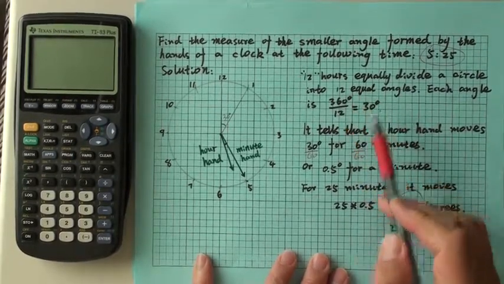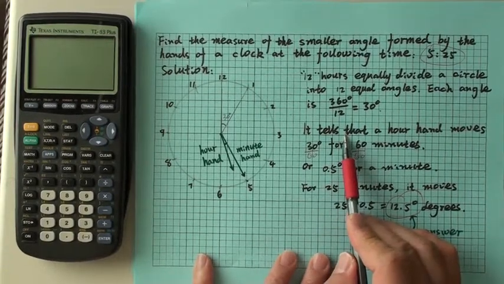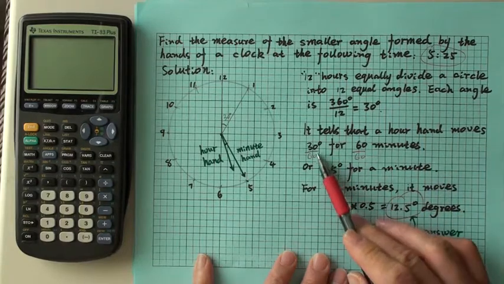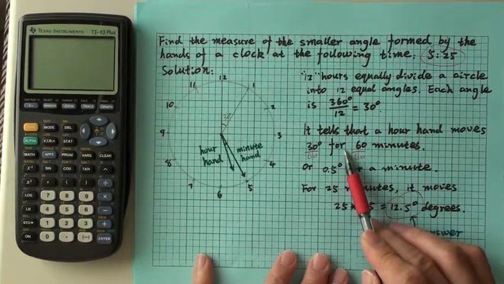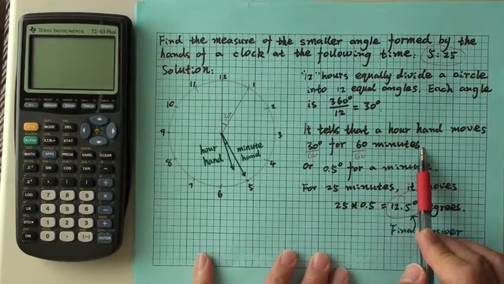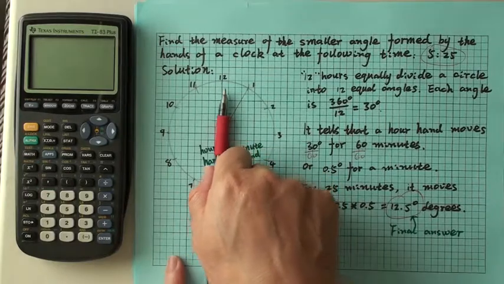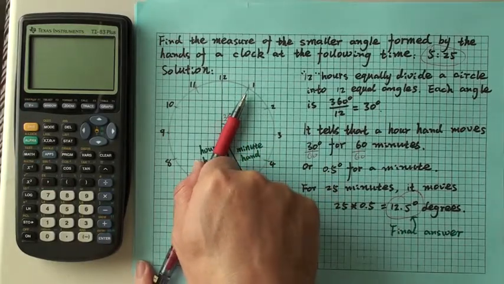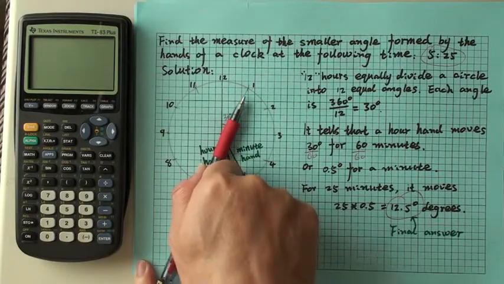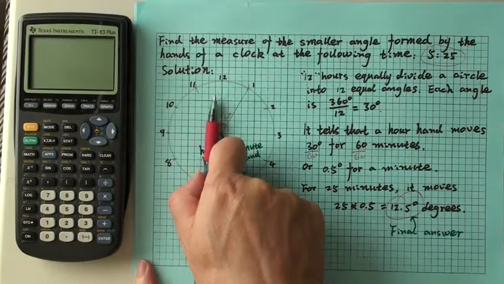Since we have that, this tells us that an hour hand moves 30 degrees for every 60 minutes. So if the hour hand was here, in 1 hour it goes to here, 30 degrees. It scans 30 degrees for the hour hand.